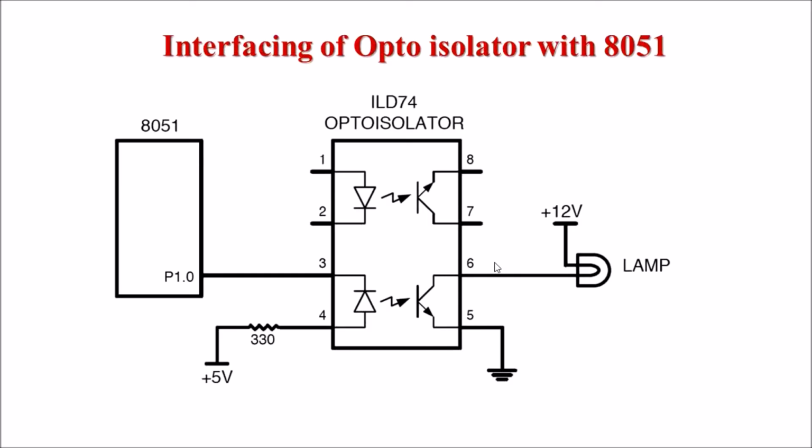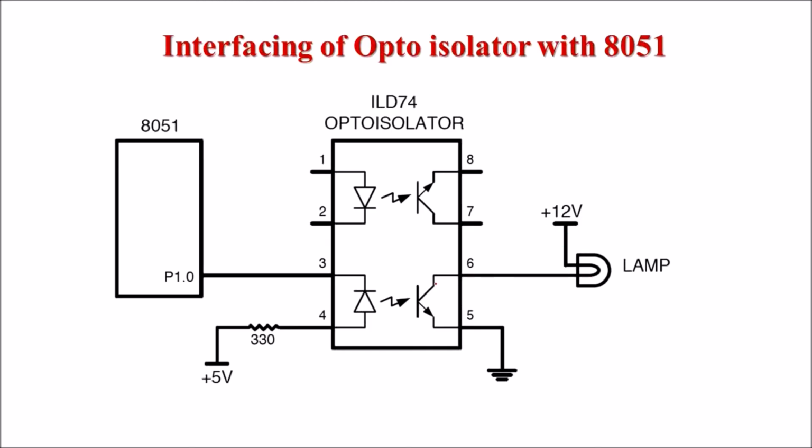Now go through the interfacing diagram of the opto isolator with 8051. Here the lamp is used as a load. Whenever there is a signal to this lamp through the opto isolator, it will turn on. This is a 12-volt lamp supply.